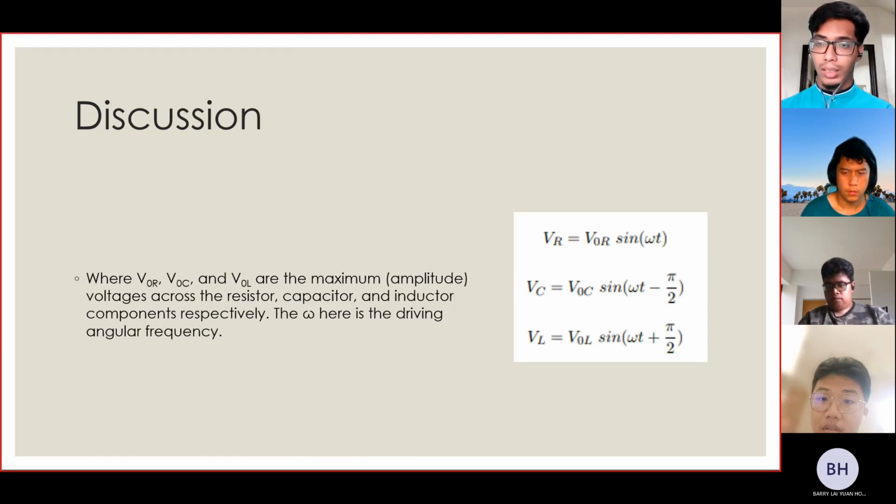VR is equal to V0R sin omega t, VC is equal to V0C sin(omega t minus pi over 2), and VL is equal to V0L sin(omega t plus pi over 2).